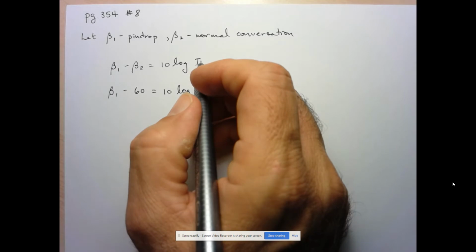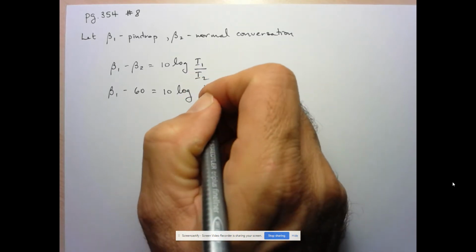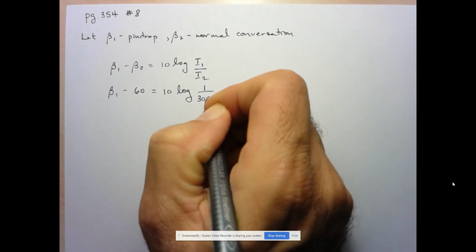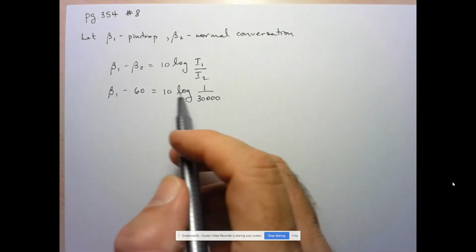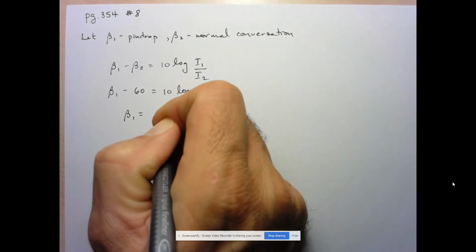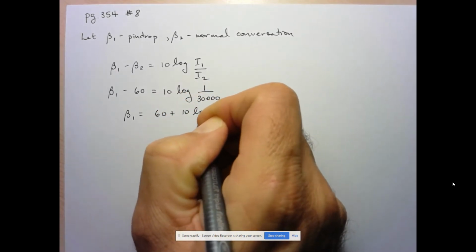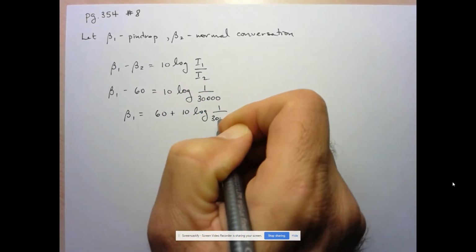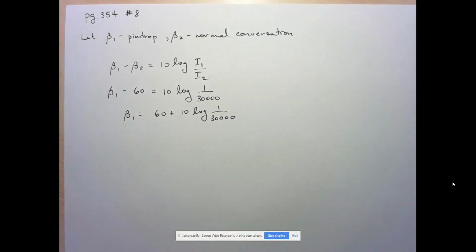So that means that I1 over I2 was just given as 1/30,000. And here, well, I can solve for beta 1 quite easily. So beta 1 is equal to 60 plus 10 log 1/30,000.